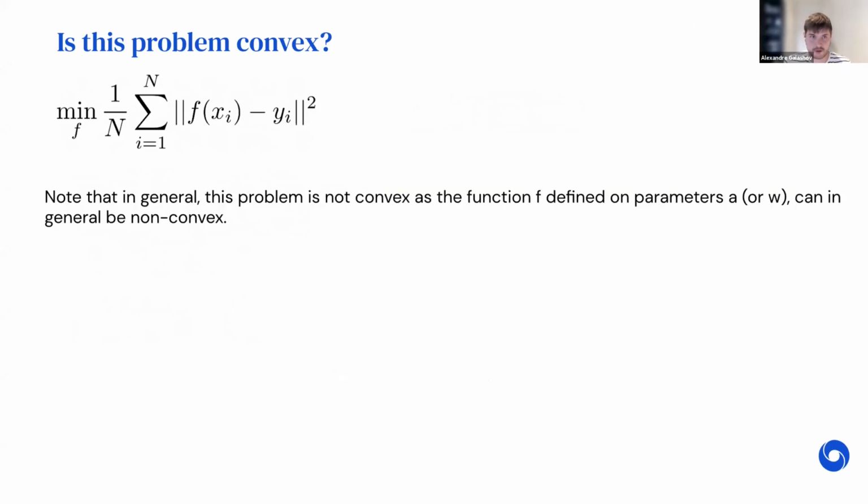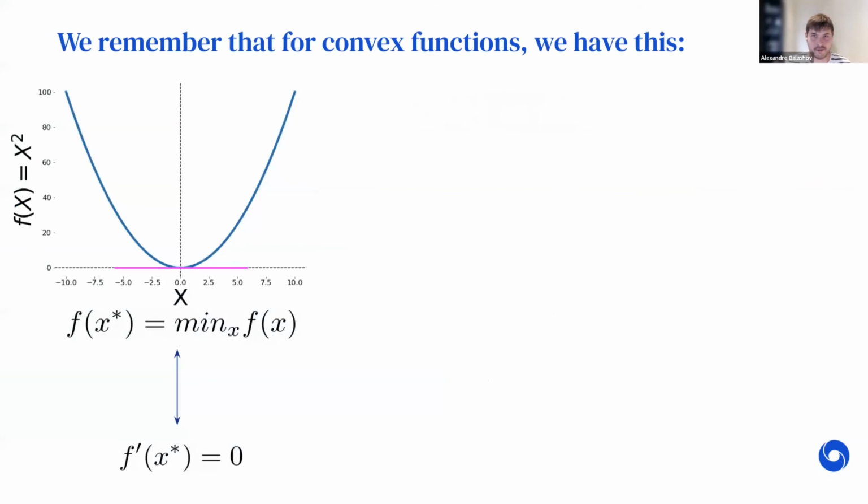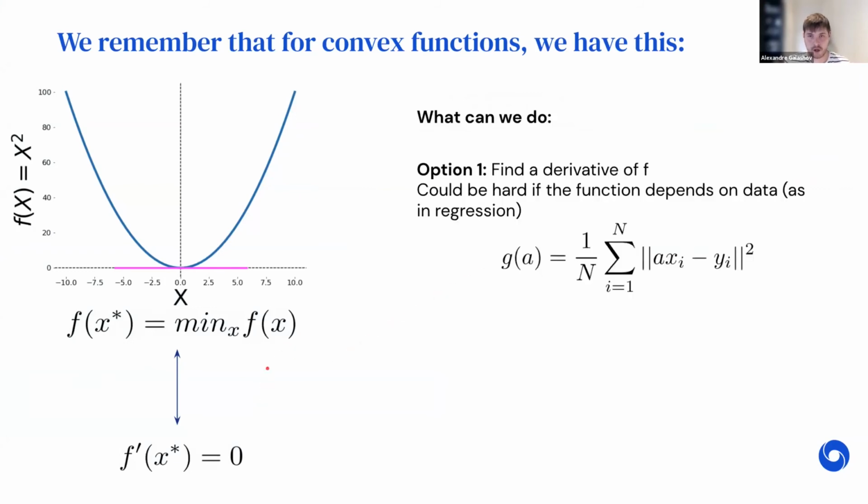Right now let's try to understand how to use it. So here comes the gradient descent. Remember, right now we are looking only at convex functions, which have this property. So what are our options? We can just find the derivative of the function, but it can be hard because the derivative depends on the data.